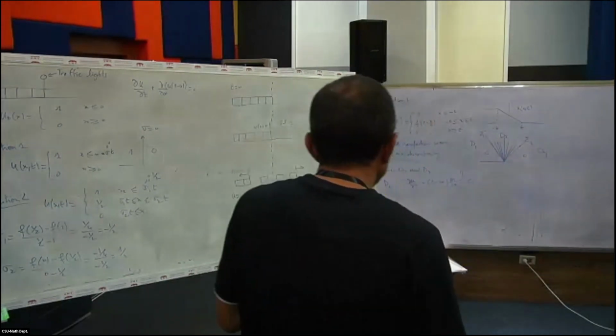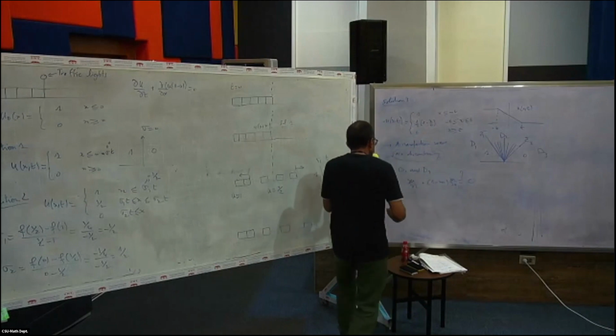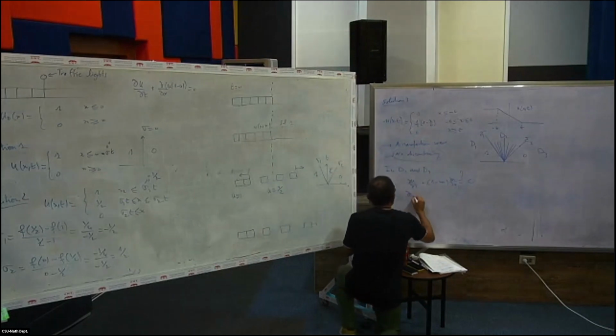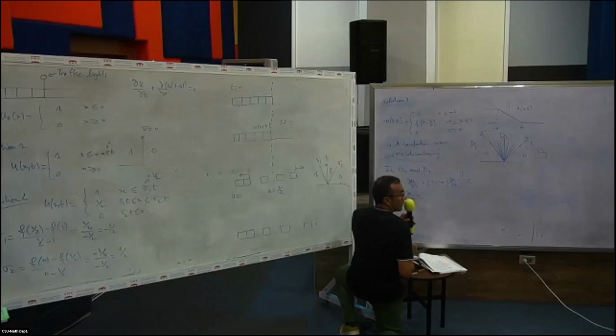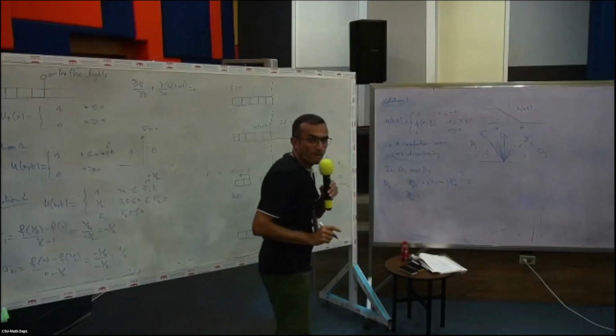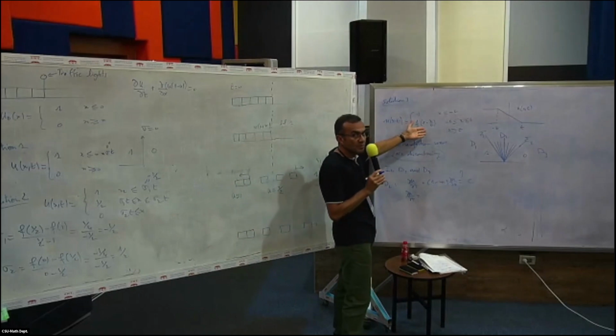Okay, so let's do it together. So this is u of x,t. What is the derivative du over dt? This is in the domain D2. What do we get? Differentiate this with respect to time.